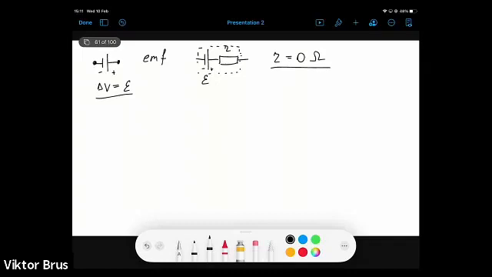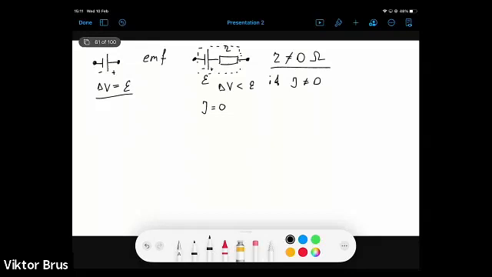In the real case, usually this resistance is not equal to 0, and that's why the potential difference between terminals of the battery will always be smaller than epsilon if electric current is not equal to 0. Because if electric current is equal to 0, we have the so-called open circuit condition.